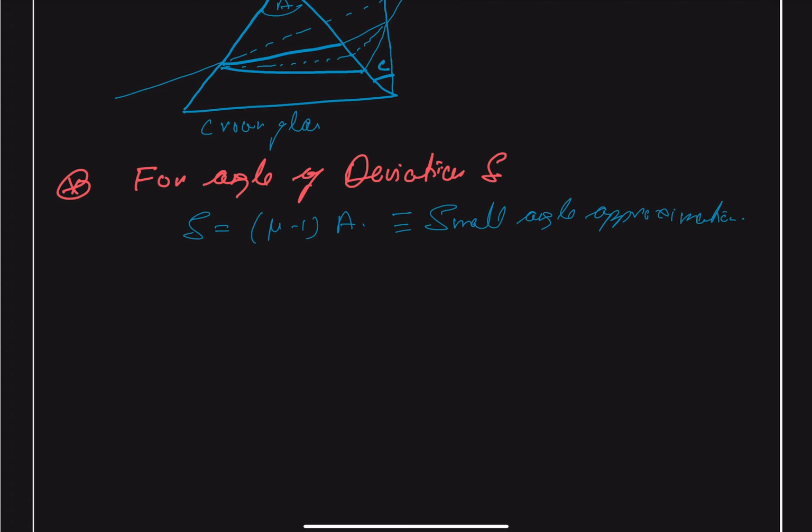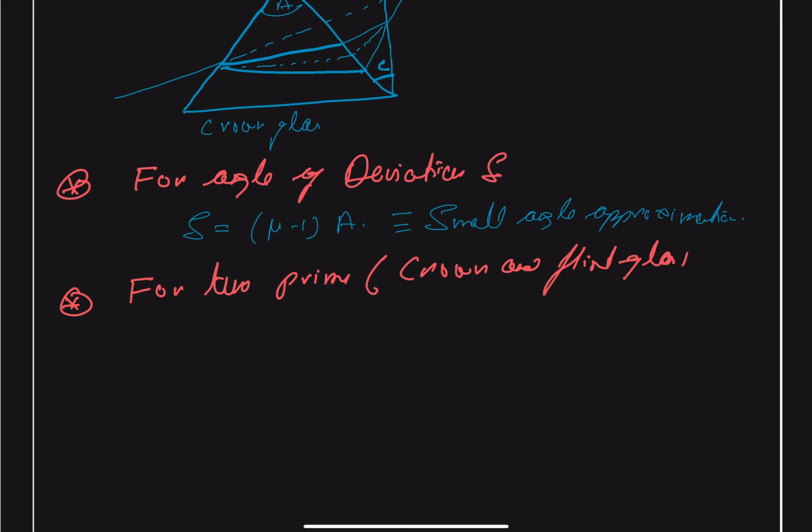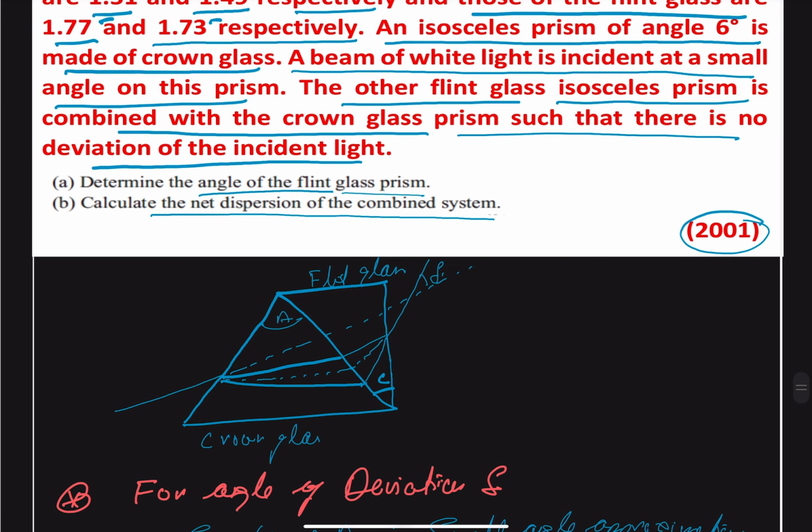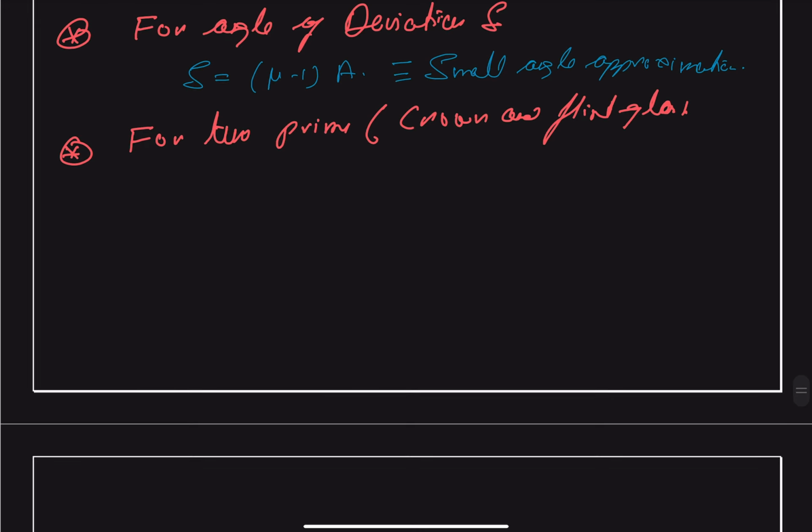And we know that for two prisms made of crown and flint glass, we want that no deviation is there, so the net deviation is 0.